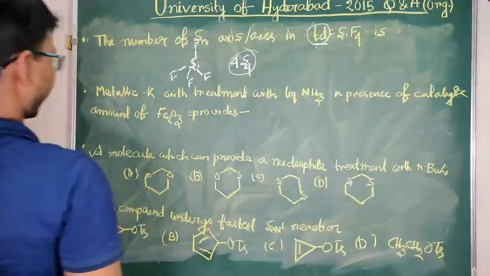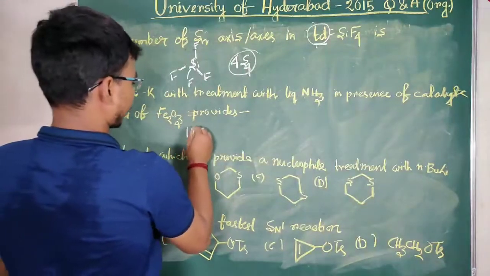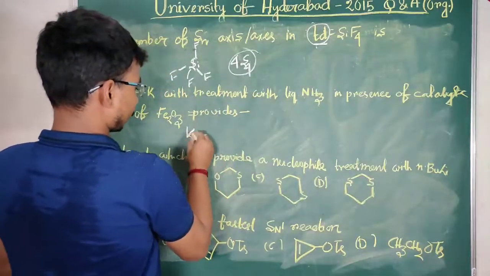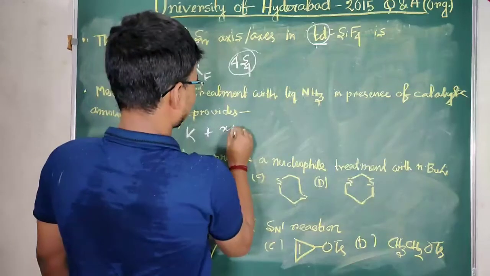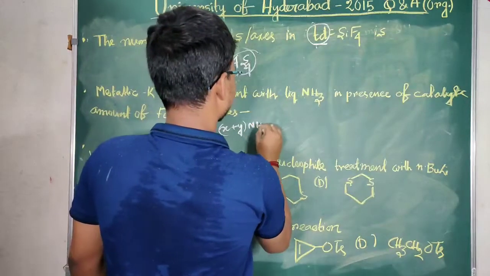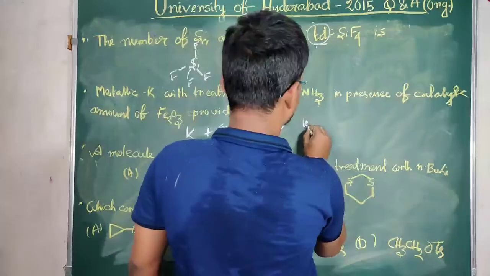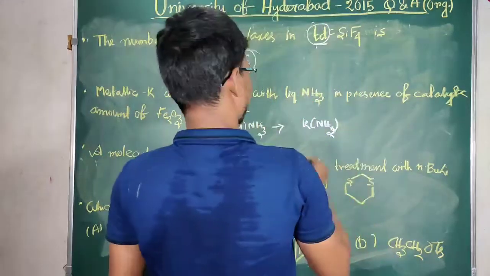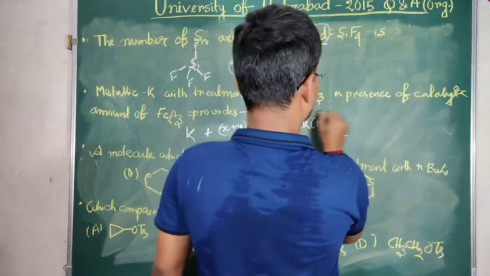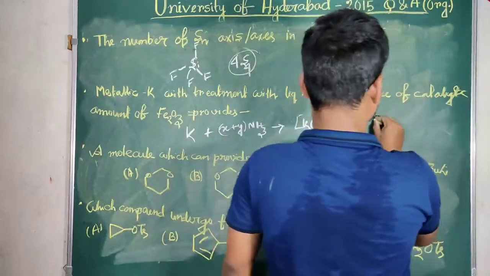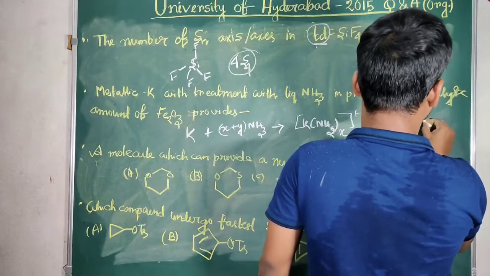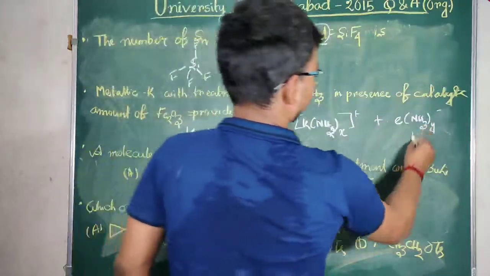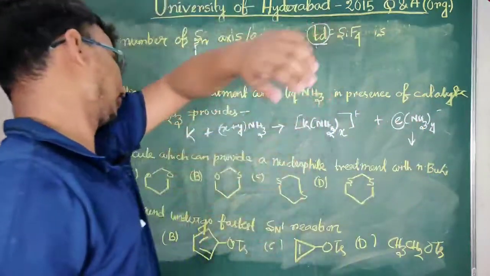Okay, the next question is metallic K treated with liquid NH3 in the presence of a catalytic amount of Fe2O3. You know this reaction. What will be produced? K plus x plus y NH3 will give K(NH3)x plus and e(NH3)y minus. Here it is a solvated electron, it will give a blue color.